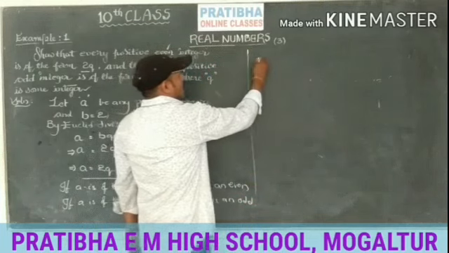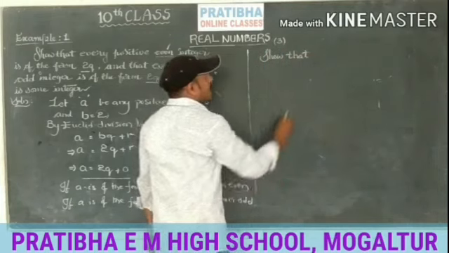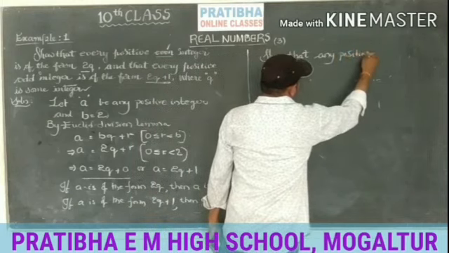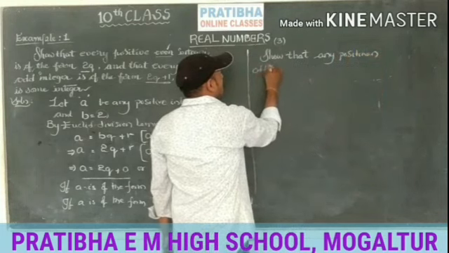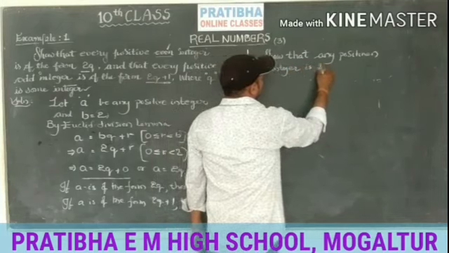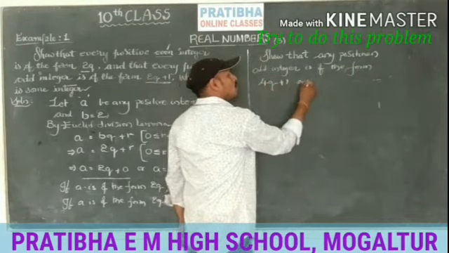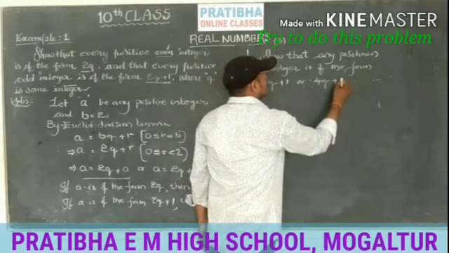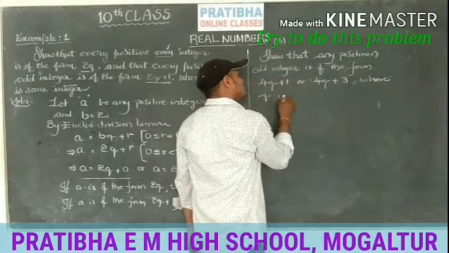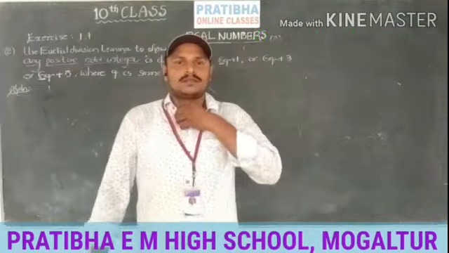I'll give another: show that any positive odd integer is of the form 4q plus 1 or 4q plus 3, where q is some integer. So you can prove this.